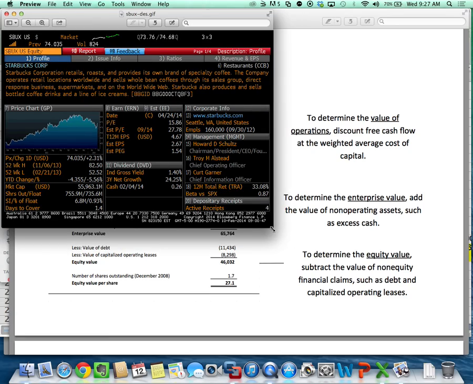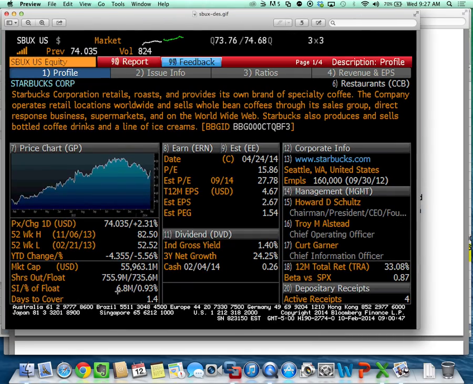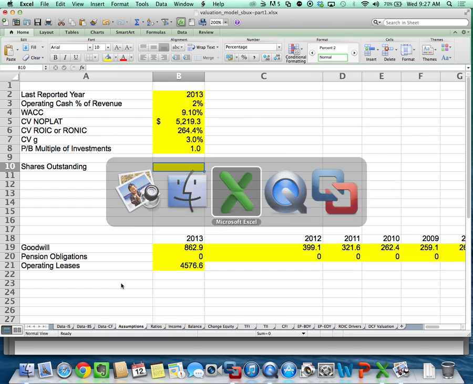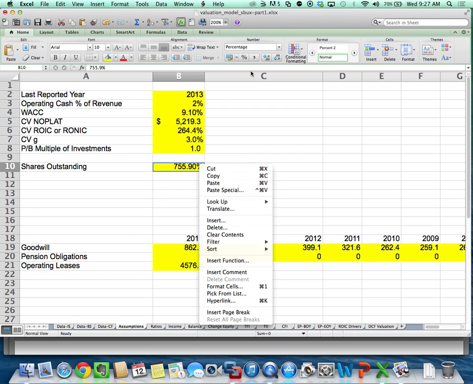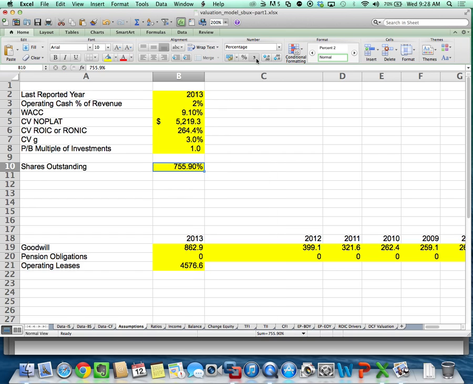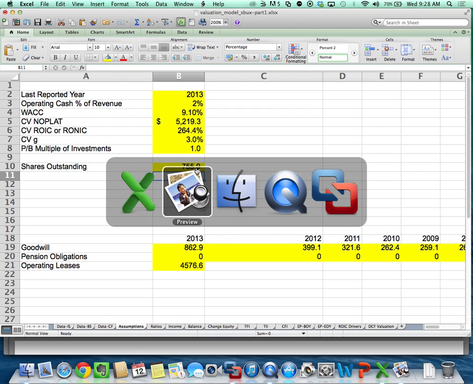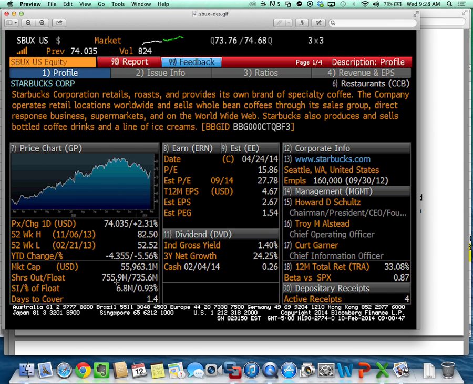Stands for description. And very quickly on there, you can get the shares out. 755.9 million. That's this number right here, shares out.